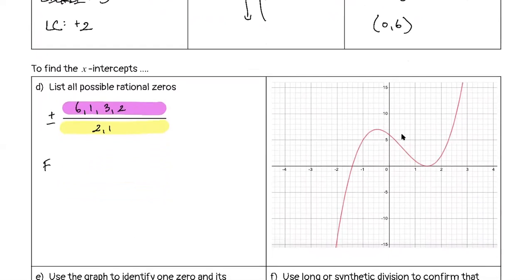So for example, one of the possible rational zeros could be a positive or minus 1/2, because I have the 1 from here and the 2 from here, okay? Now, according to our graph, is positive or negative 1/2 one of the zeros?